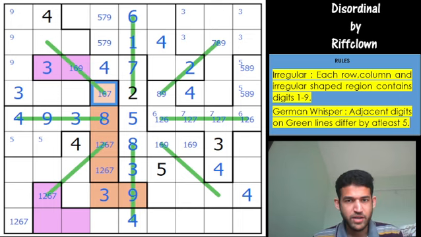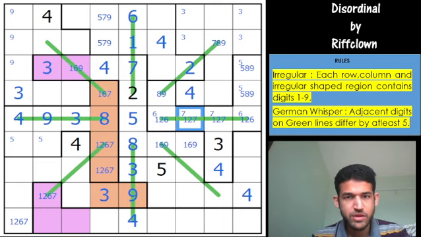I seem to be stuck again a bit here. Let me look at it. Okay, this can't be 2. So this cannot be a 1, because we know that these two are from the same grouping.